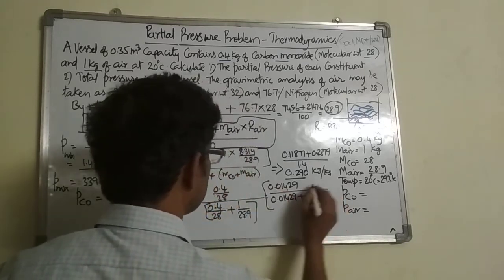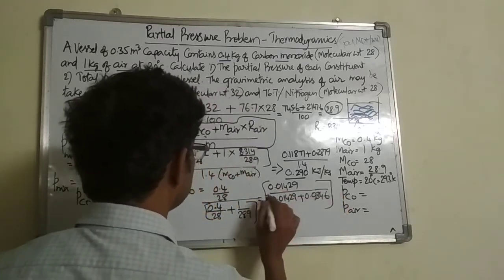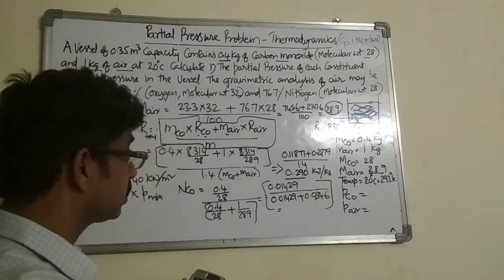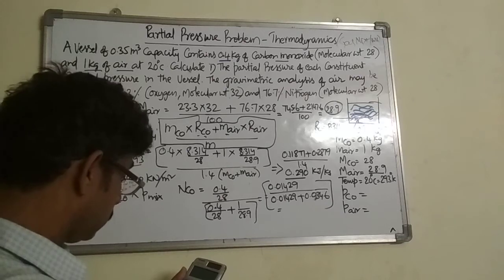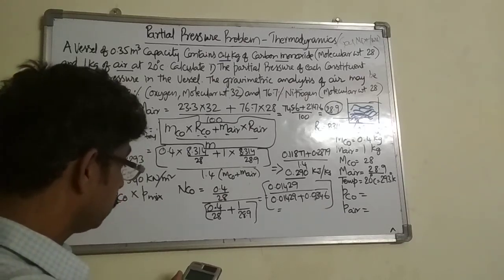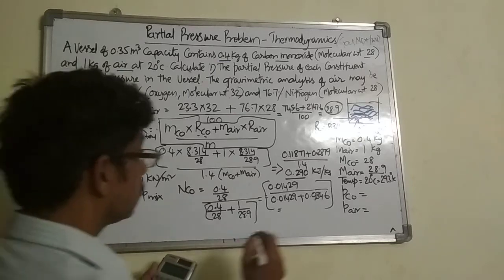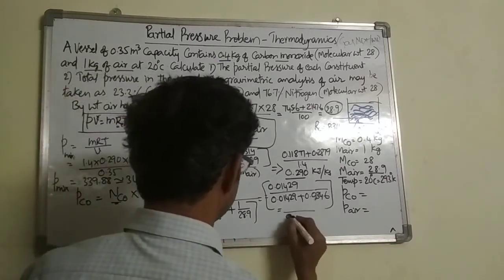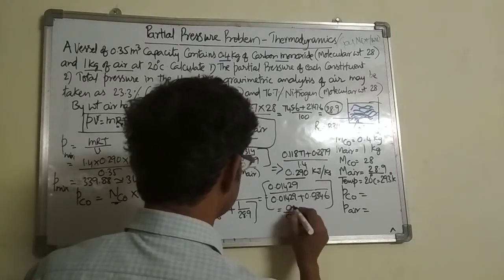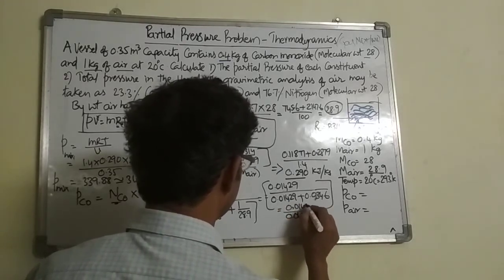So this is your complete part of air in the mixture. If you calculate that, you are getting the denominator 0.0489, and numerator is as it is 0.01429.